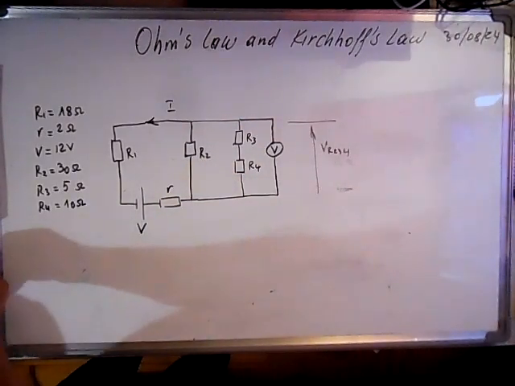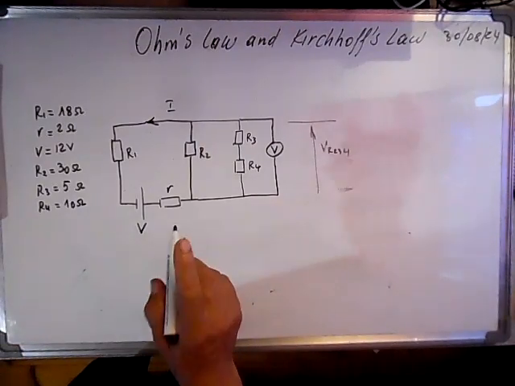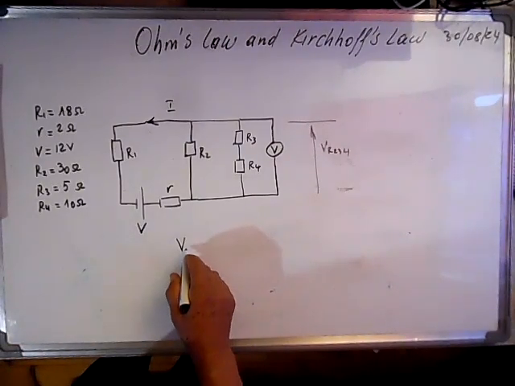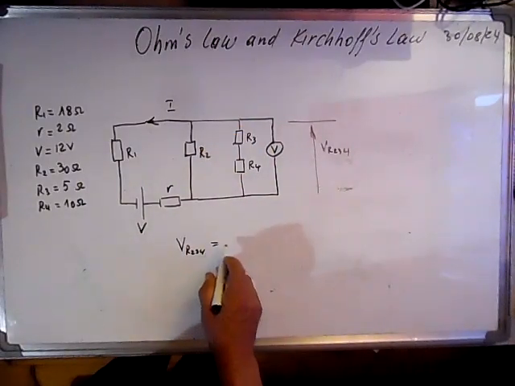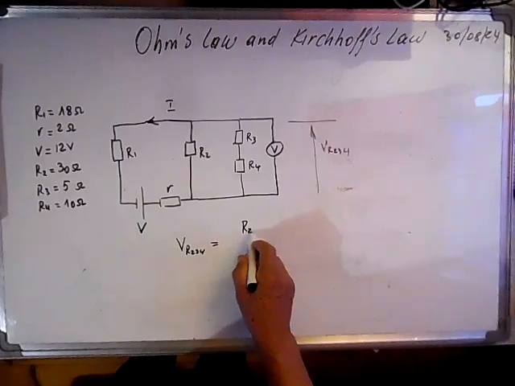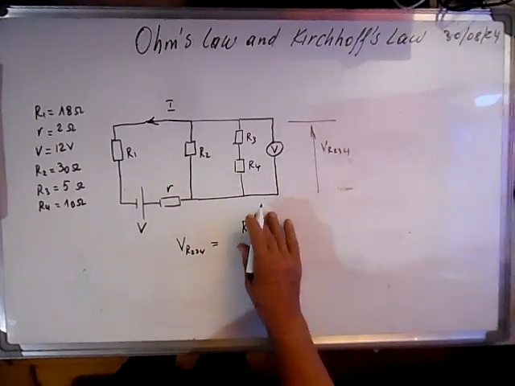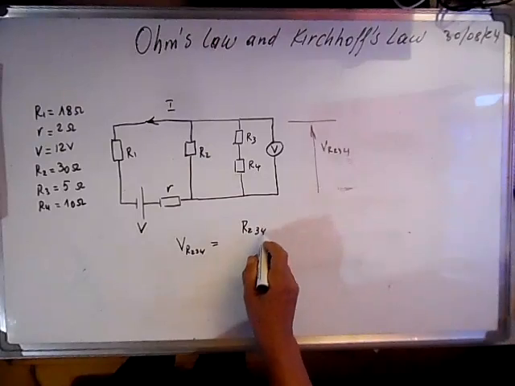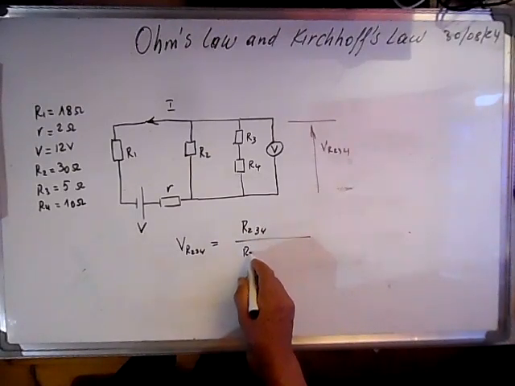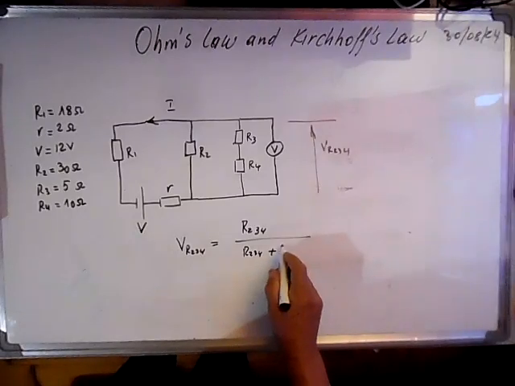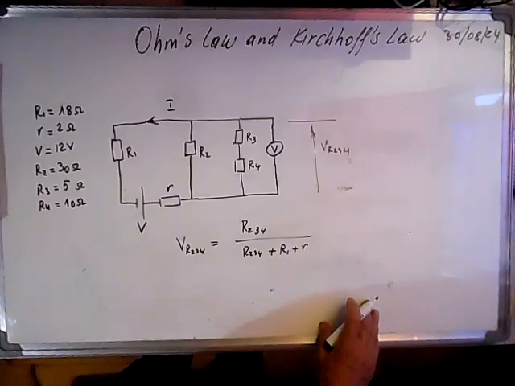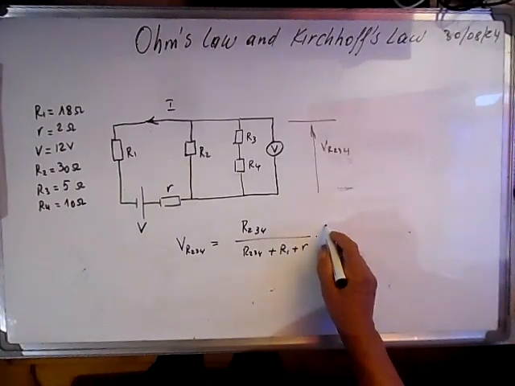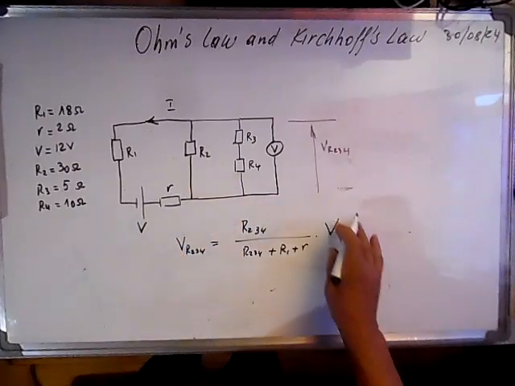Then we can say that using a voltage divider, VR2,3,4, the voltage across these 3 resistors, is equal to the equivalent resistance of these 3 resistors over R2,3,4 plus R1 plus the internal resistance of this source, times the voltage of this source.